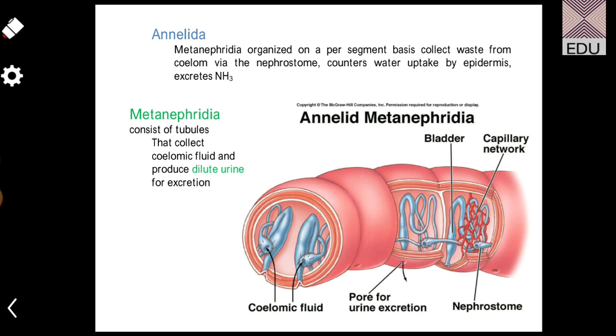Number one, pharyngeal nephridia, which pour their excretory products into the pharynx. Second type is the integumentary nephridia. They are present all over the body and excrete simply onto the general body surface of the earthworm.